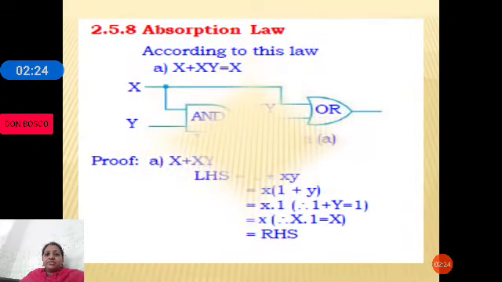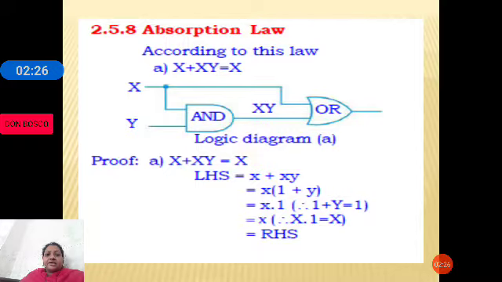Let's prove this by applying the x variable with the required 0 and 1, or we will just apply some of the Boolean theorems which we have learned in our previous classes to obtain the proof.